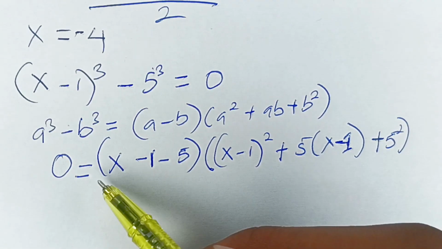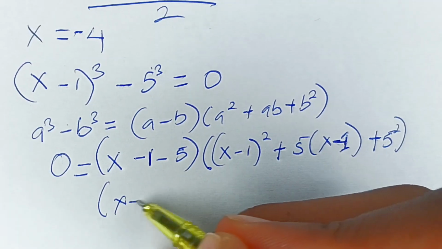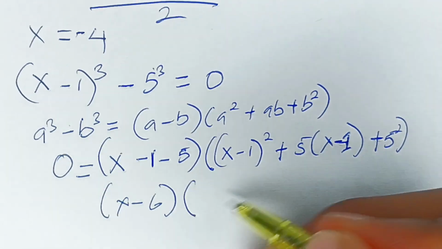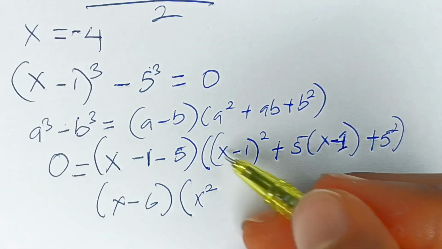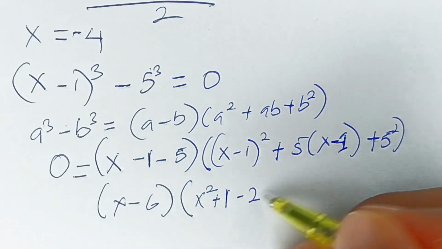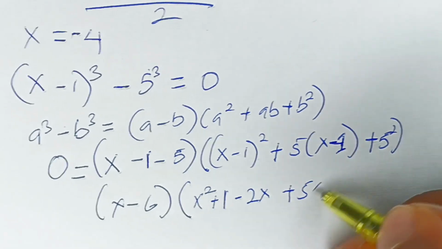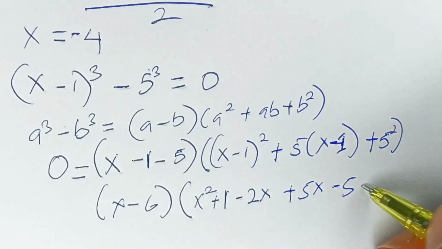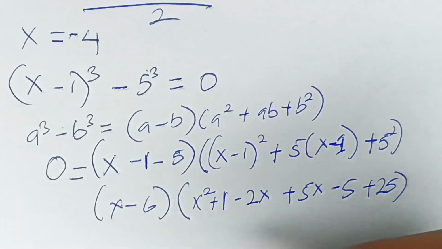Now, x − 1 − 5 is x − 6, multiplied by (x^2 + 1 − 2x + 5x − 5 + 25).